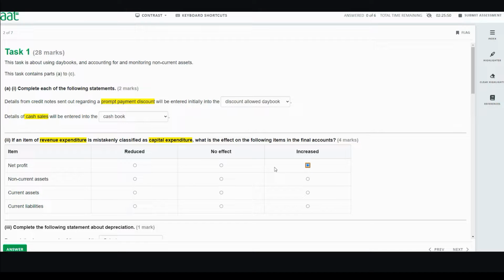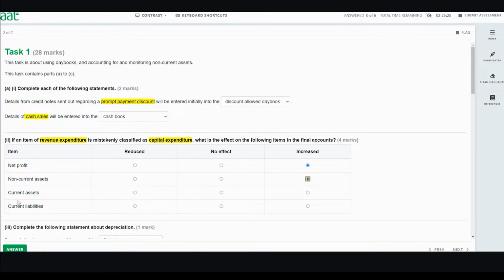It's been mistaken for capital expenditure, so it's gone through as a non-current asset. So if, for instance, it were motor expenses and we've put it into motor vehicles, the non-current asset account would be increased.